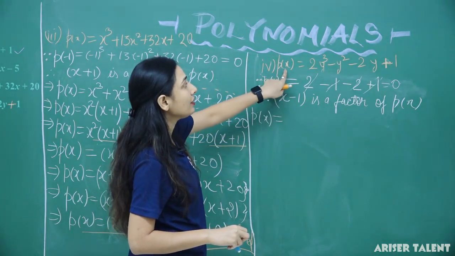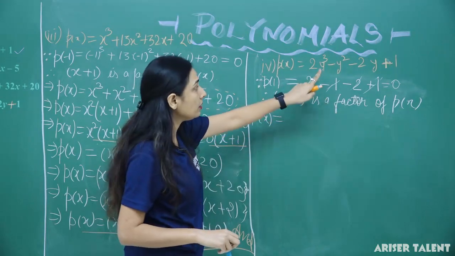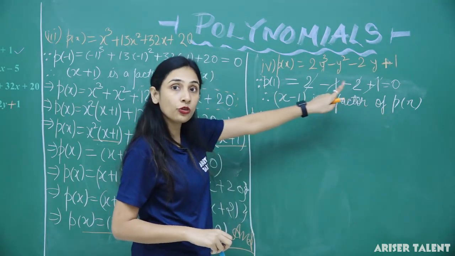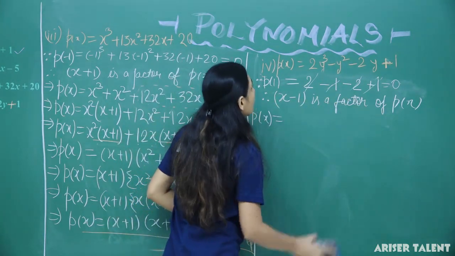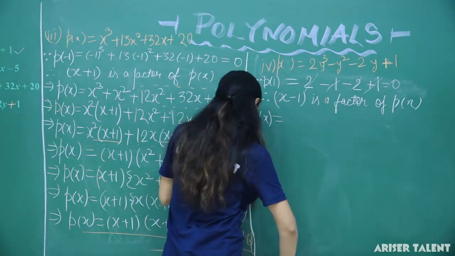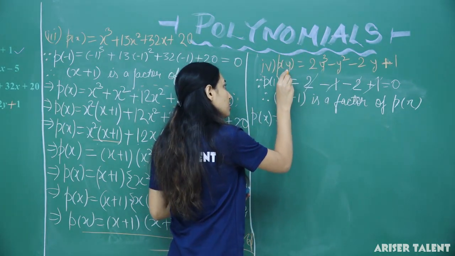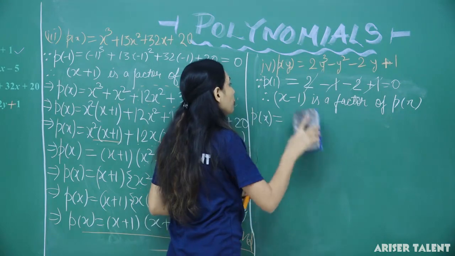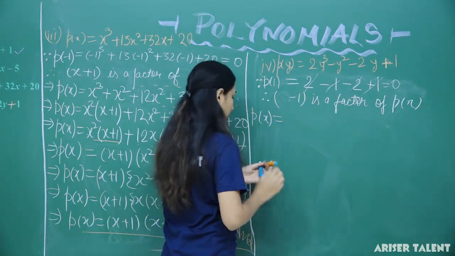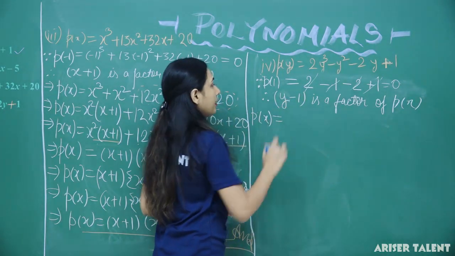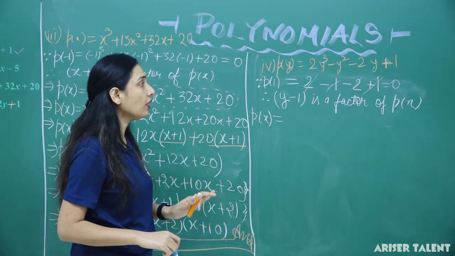This is not P(x), this is P(y), because the variable is y. So the polynomial is in y, that will be y here, students. So y minus 1 is a factor of P(y).